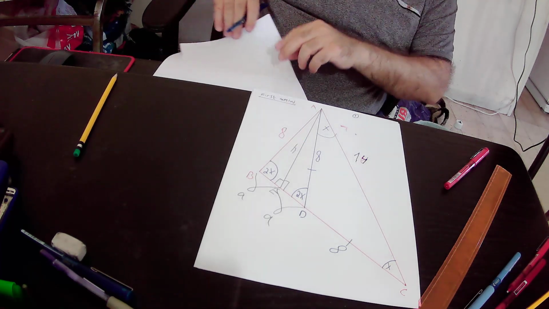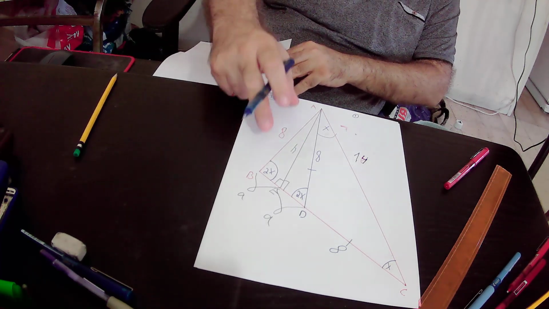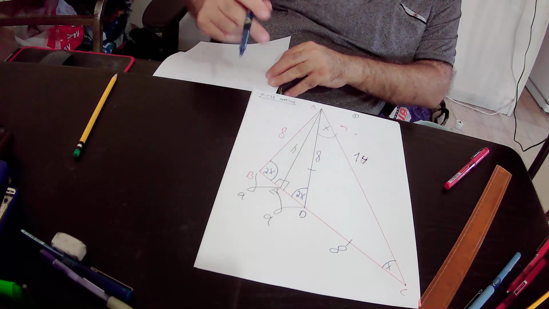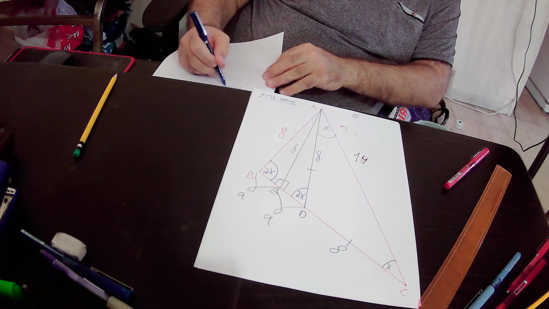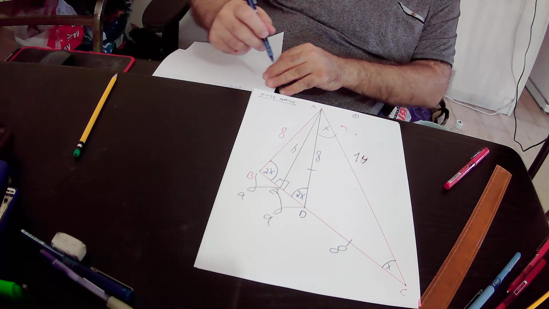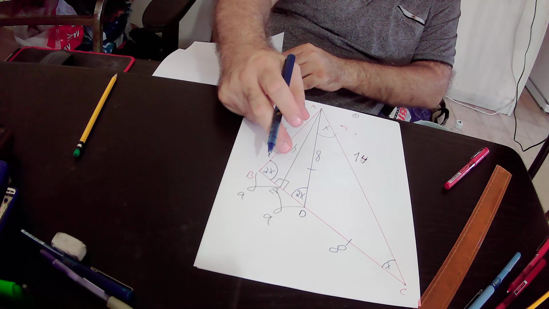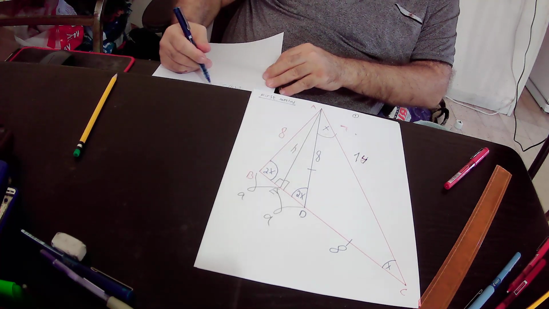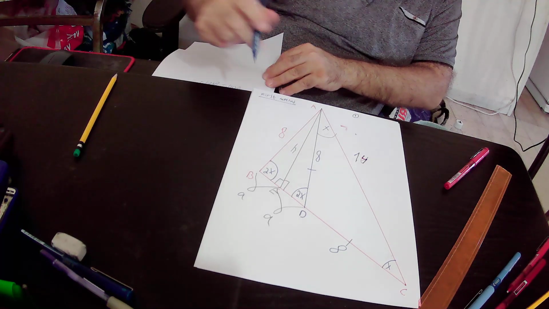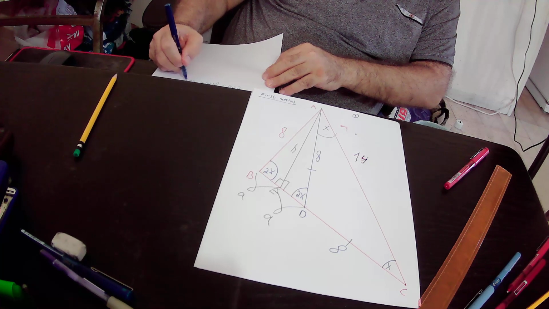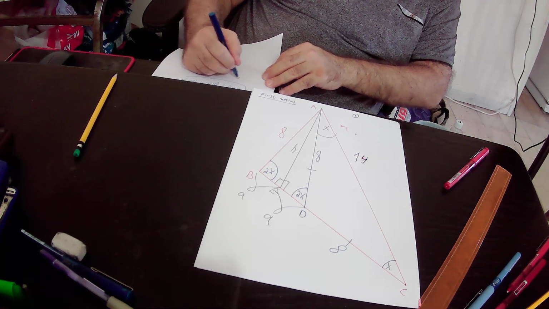That is to say, the hypotenuse in triangle ABE is AB, so AB squared equals AE squared plus BE squared.